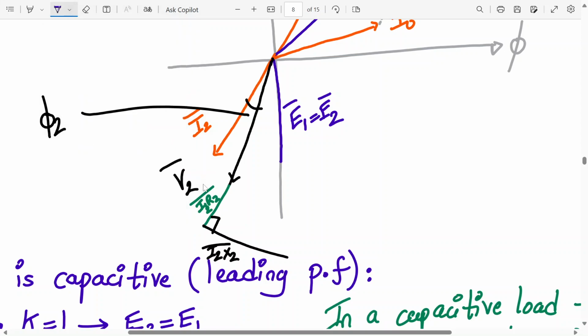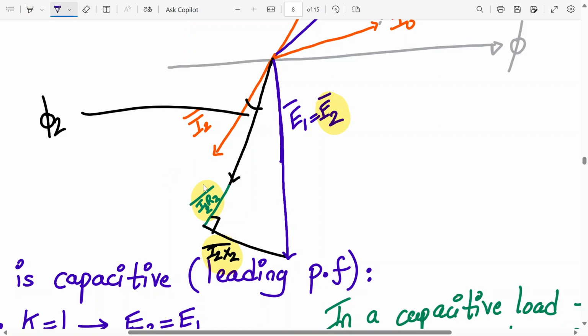Okay, and this line we draw as E2 or E1. Okay, so please complete this. So what is E2? E2 is I2 R2 plus I2 X2 plus V2.